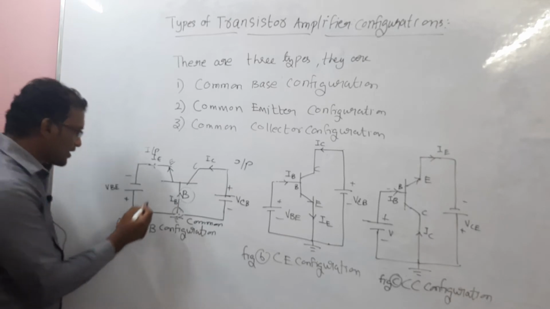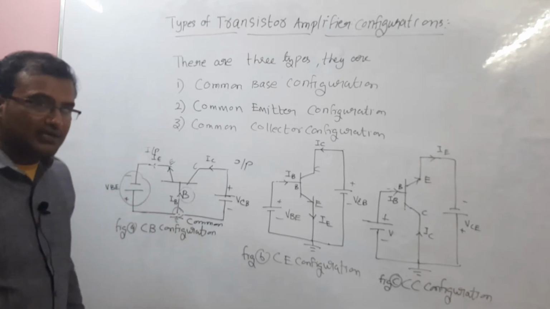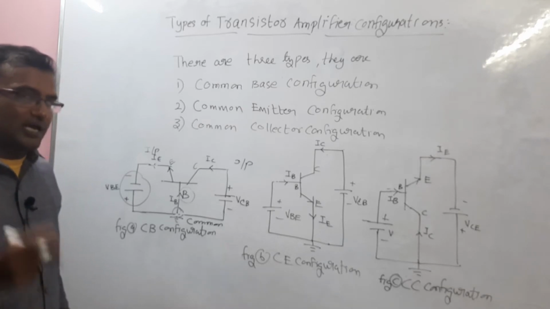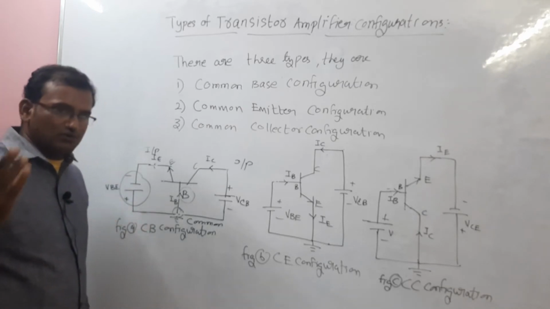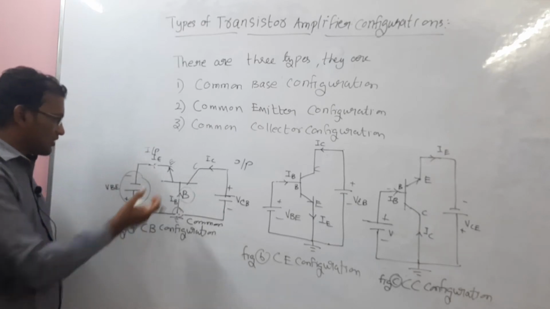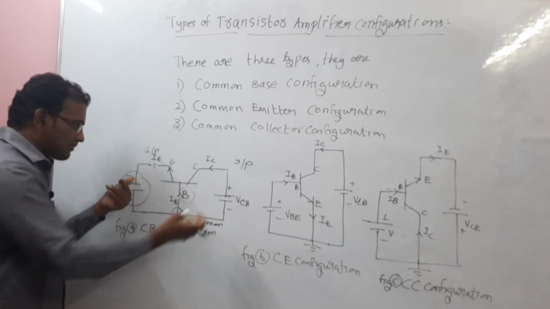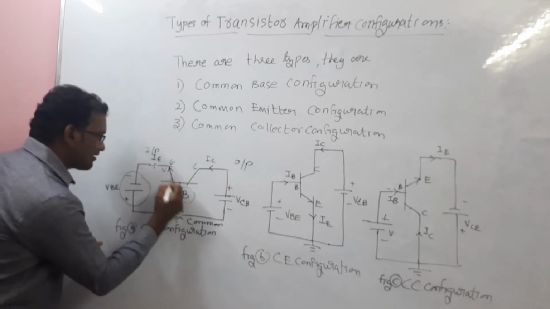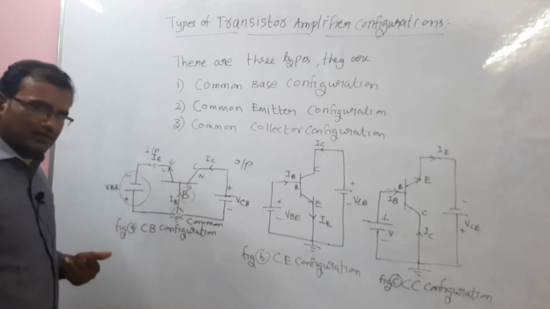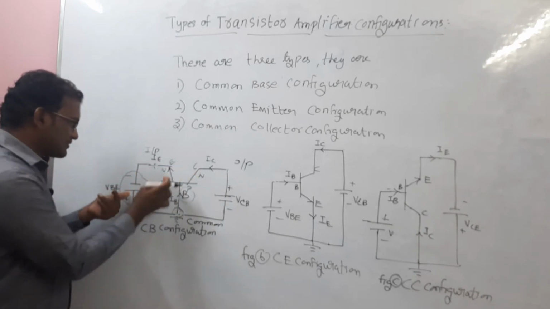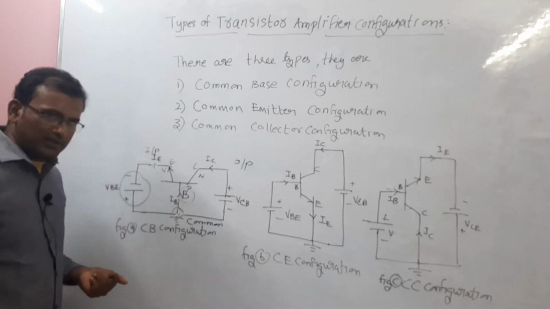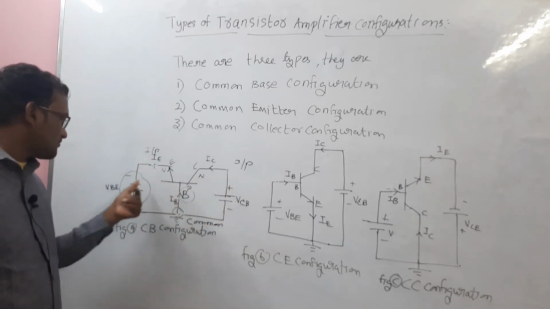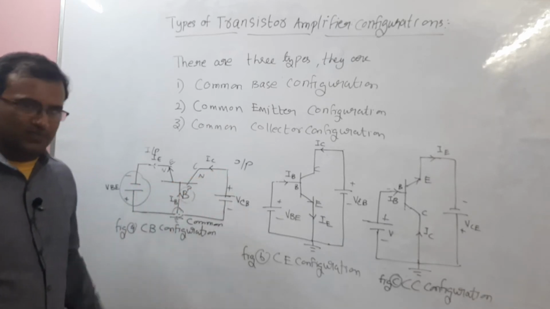Now how can we connect the supply here? It depends on the type of material: NPN transistor or PNP transistor. As you know from previous classes, in my recent videos, you can understand how the supply voltage is connected between the emitter-base junction and the collector-base junction. For NPN, based on these connections you can easily apply the supply voltage, because the emitter-base junction is forward biased and the collector-base junction is reverse biased.